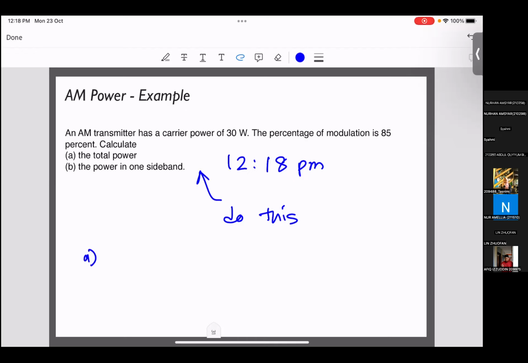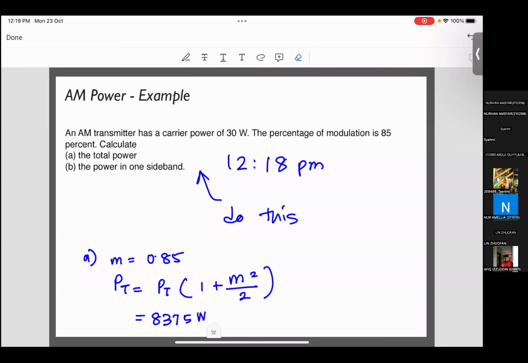I take the 85% modulation and turn it into 0.85 and then plug it into the formula, 1 plus m squared divided by 2, times PC. And then I get 40.84 watts.